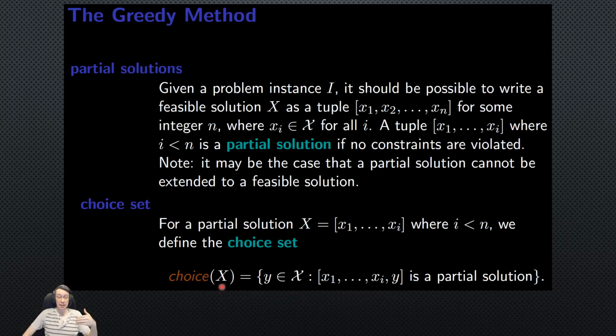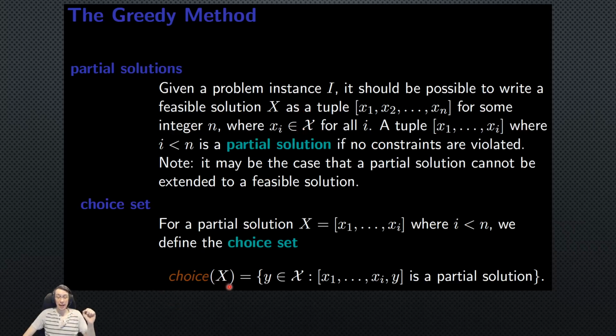So this is the set of choices that I can make starting from my partial solution x that will preserve my constraints and result in a new partial solution that consists of x1 up to xi, and now also the choice y. So really crucially, chi is the set of all possible choices, completely irrespective of whether they would violate constraints.